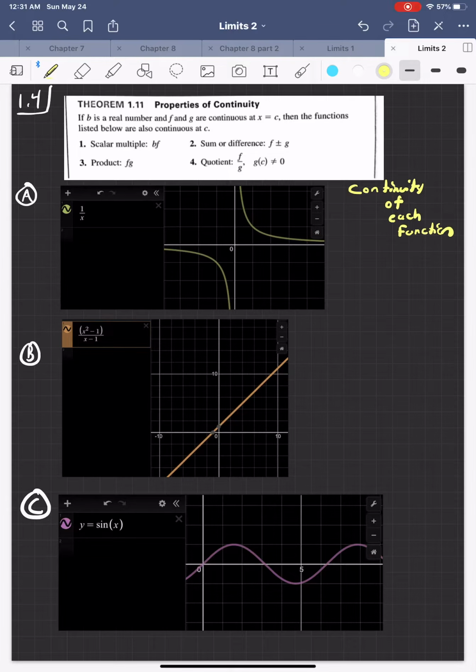I would say that f is continuous from negative infinity all the way to 0, but we can't include 0. It's also continuous from 0 all the way to positive infinity.